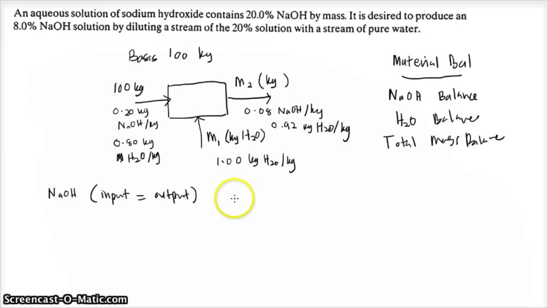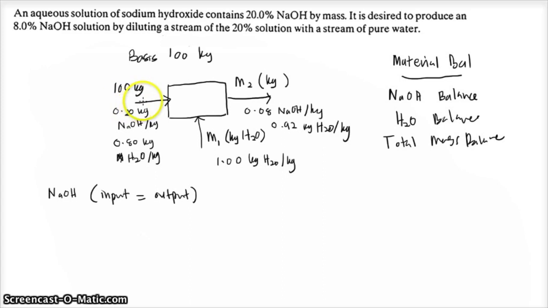What's the input of sodium hydroxide? There are 2 inputs here, but this one is pure water, so there's no sodium hydroxide. The input is only on this side, which is what goes in.